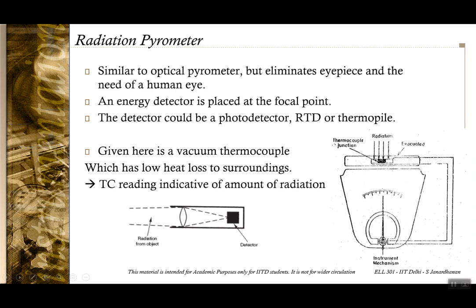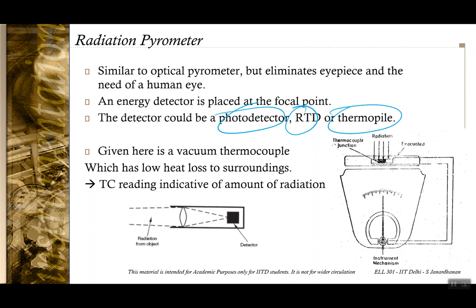So it can be a photo detector that basically measures the light that is coming in, it can be an RTD, which changes resistance depending upon the incident radiation's temperature, or it can be a thermopile also, where a thermocouple is being used.